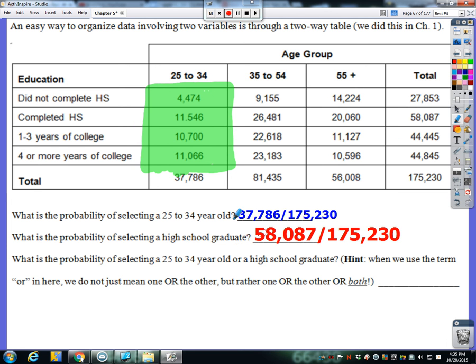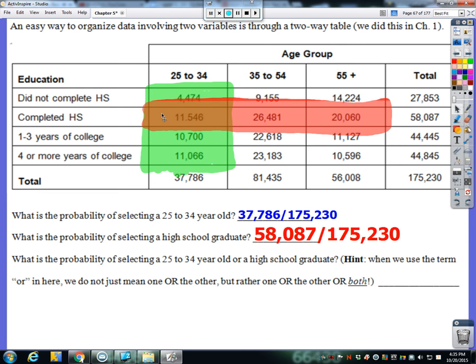Now, if we want to also include high school graduates, these are all the people that were high school graduates among our different age groups. These 2 events, 25 to 34-year-olds and high school graduates, are not disjoint events because there is some overlapping here. We could be talking about 25 to 34-year-olds who are also high school graduates.